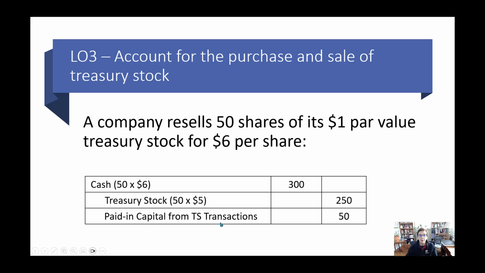So this is a new paid in capital account, and it's the difference between how much you sold the shares for and how much you bought them for. Now, to keep it simple, let's just assume that if the company sold the shares for less than what they bought them for, we would just debit paid in capital from treasury stock transactions. If you run out of that, you're going to have to debit retained earnings. Okay?